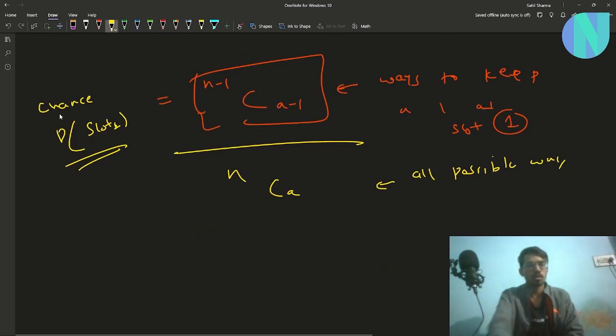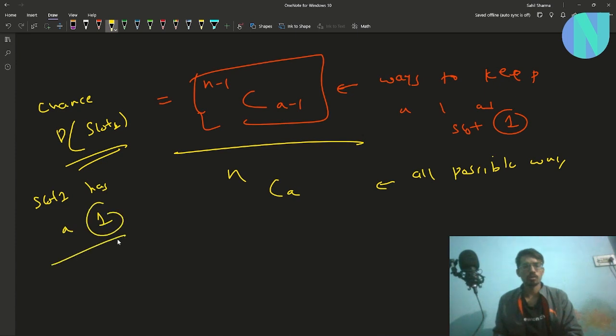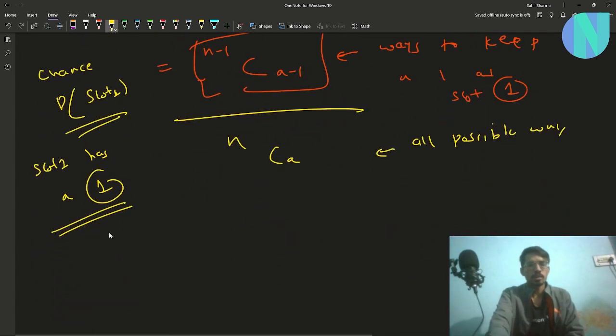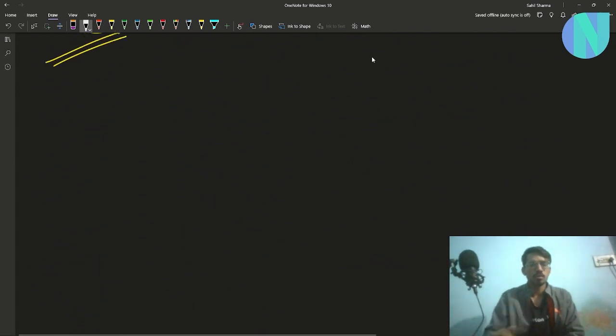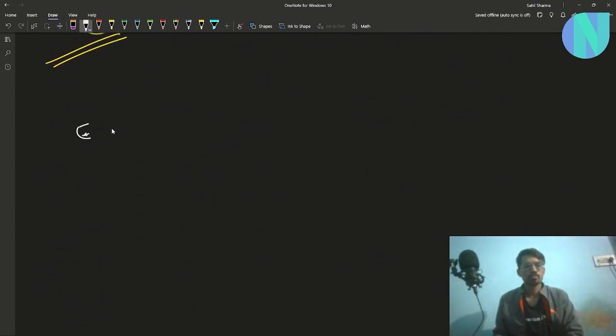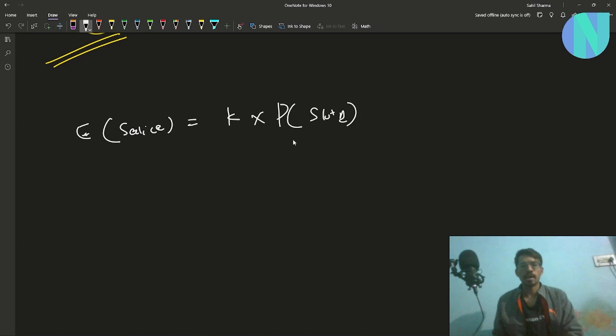So this is the chance, or you can say probability, that your slot 1 has a value of 1, right? Similarly, you can find the same value for slot 2, slot 3, and so on up to all the k slots, and the value will be the same for every slot. So you can just multiply this with k. So you can say that your expected score for Alice is nothing but k into the probability that your slot 1 has a 1, right?